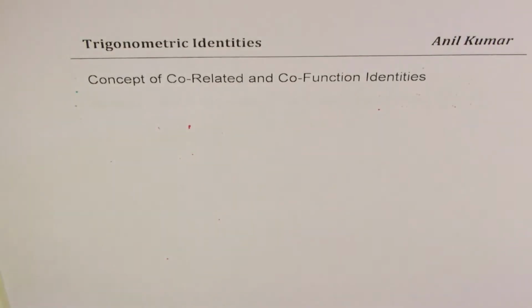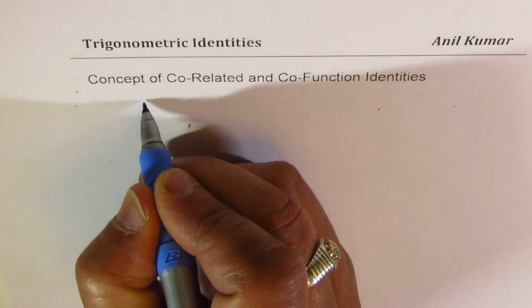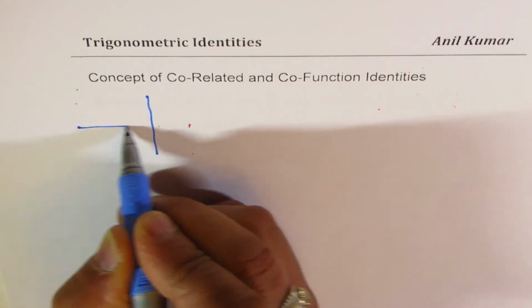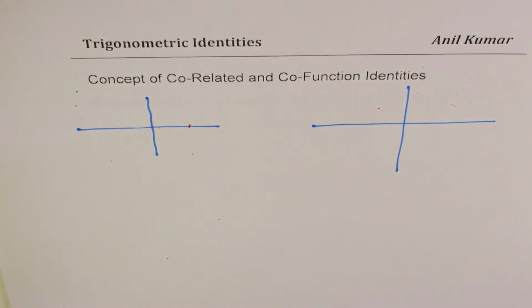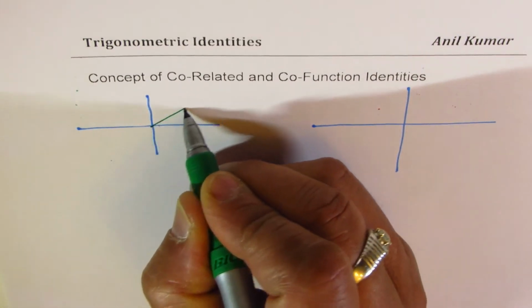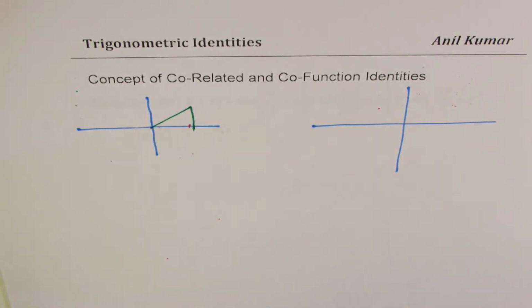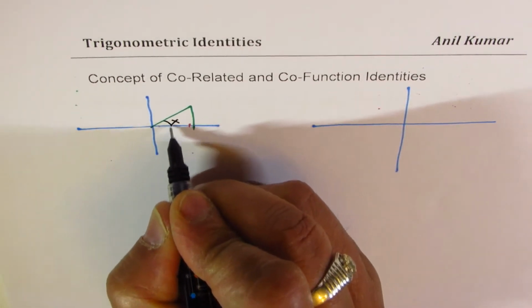Okay, so we have done this concept in the previous page. Let me summarize it here. So we're looking into two types of triangles here. One, let's take a triangle in quadrant 1 where the acute angle is x.